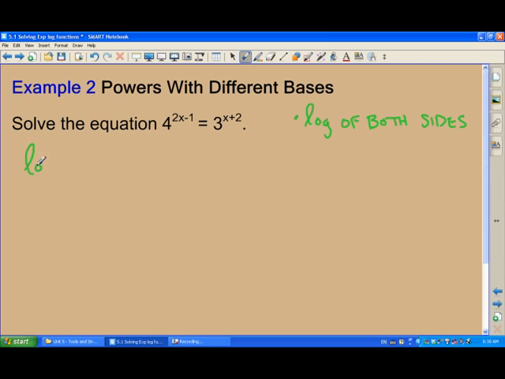So I'm going to have the common logarithm of 4 to the power of 2x minus 1, and that's going to be equal to the common logarithm of 3 to the power of x plus 2. I do this because now I can bring down my powers.